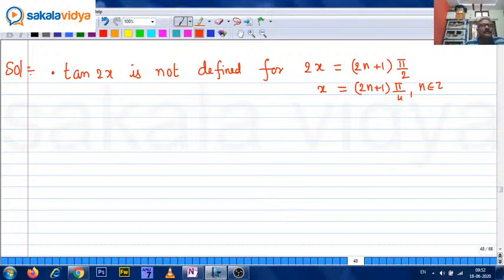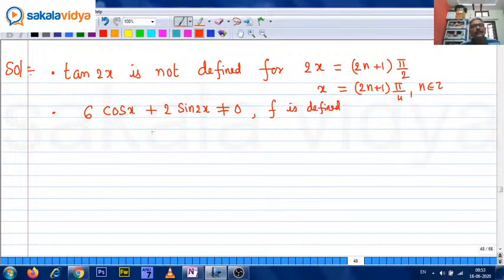This is the first case. Second case is 6 cos x plus 2 sin 2x should not be equal to 0. Then the function is defined.